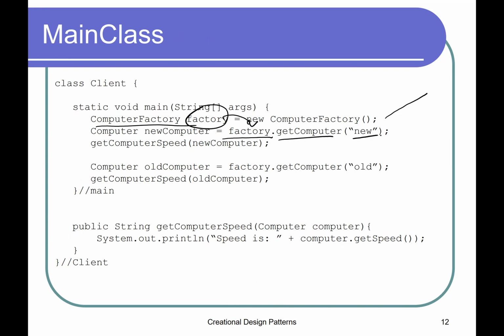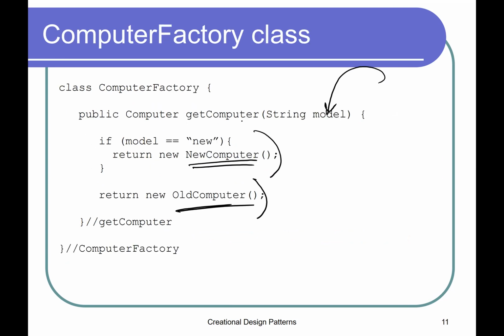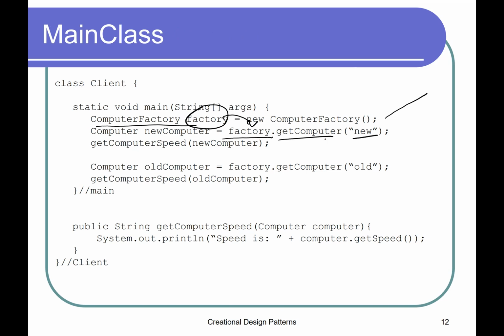Remember, the factory object's get computer function takes in a string. So I'm going to use the get computer function and give it the string new. Then I'm going to execute get computer speed just to return the speed. It's going to print out the speed of the new computer.